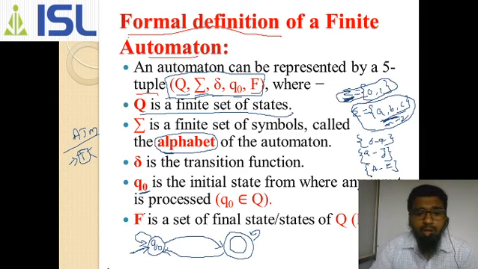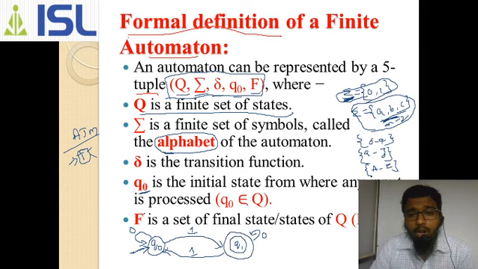If in the initial state q0 the input is 0, it goes to the initial state only. If it is 1, it goes to the next state, say q1. In q1, if it is 0, this, if it is 1, like this. So q0 is the initial state, and q0 belongs to Q, the finite set of states.